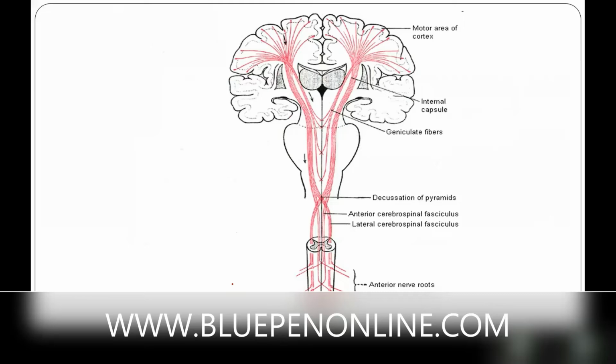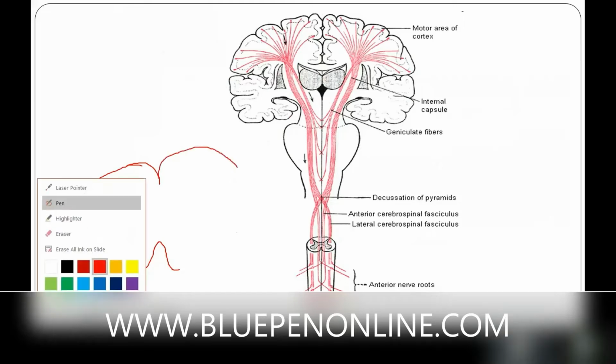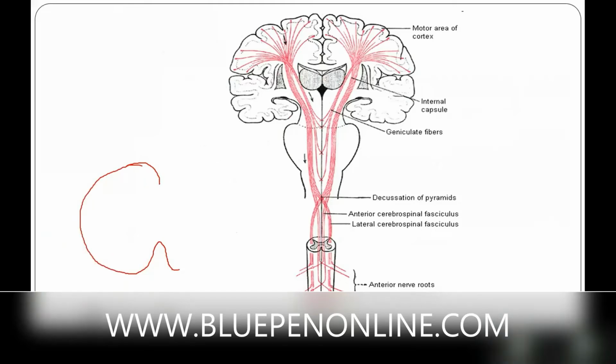So firstly, I'm drawing the structure of the spinal cord. Then this forms the gray matter part.